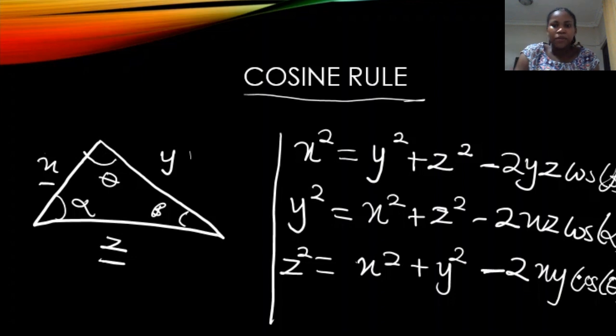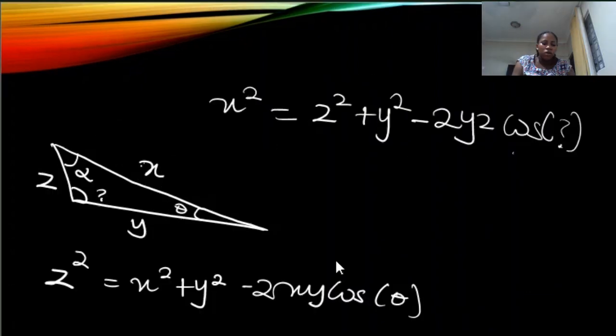That's theta. So that's how it works. For the cosine rule, the square of one side of the triangle will be equal to the sum of the squares of the other sides of the triangle minus twice the product of the two sides, cos of the angle between the two sides.